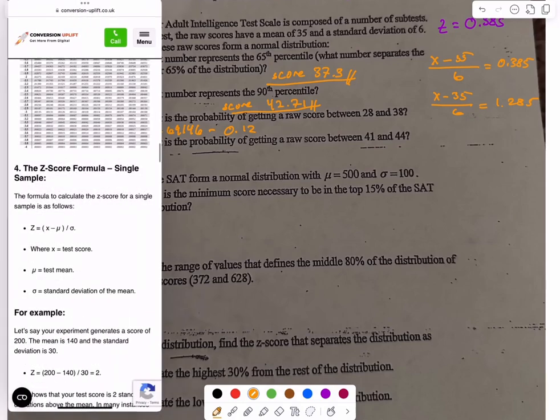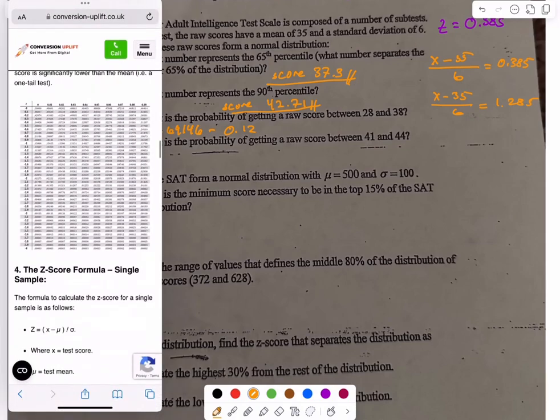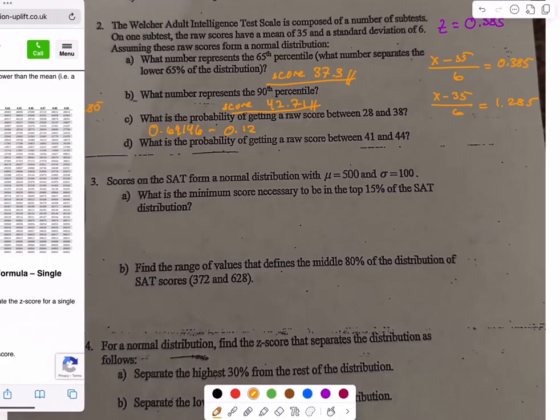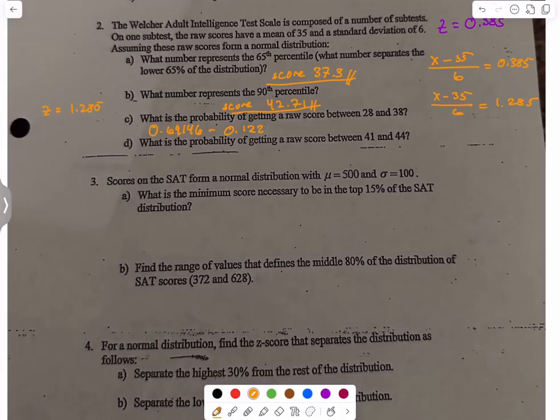Let me look at it again. We got 6 bar. Negative 1.1, 0, 1, 2, 3, 4, 5, 6. All right, I'll go with 0.12200. Basically like this.